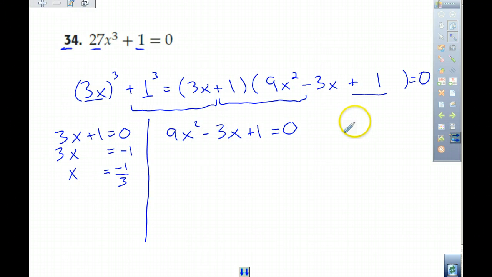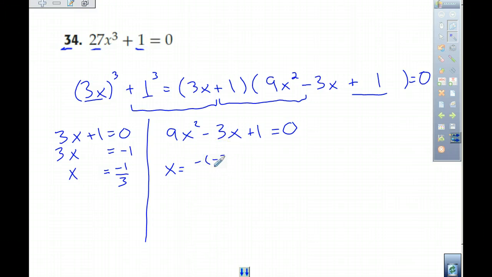Complete the square or factor it or quadratic formula. Yeah, we take a choice. We're not going to graph it, obviously. Completing the square might be a little ugly because we have a 9 here. We'll have a bunch of fractions floating around. And if you try to do the factoring, it won't work. Two numbers multiplied to 9 and add to -3, it won't work. So yeah, we have to do the quadratic formula.